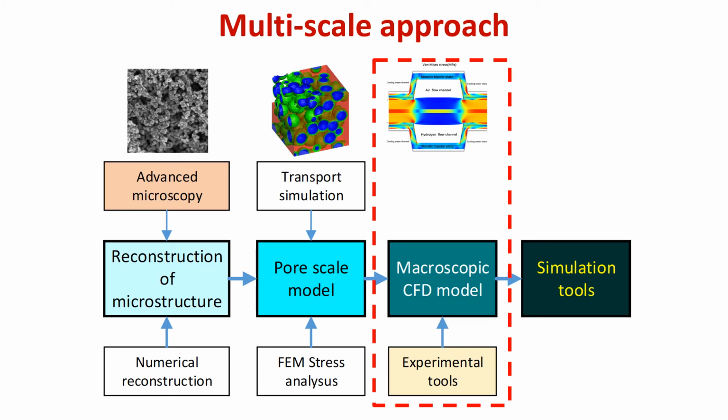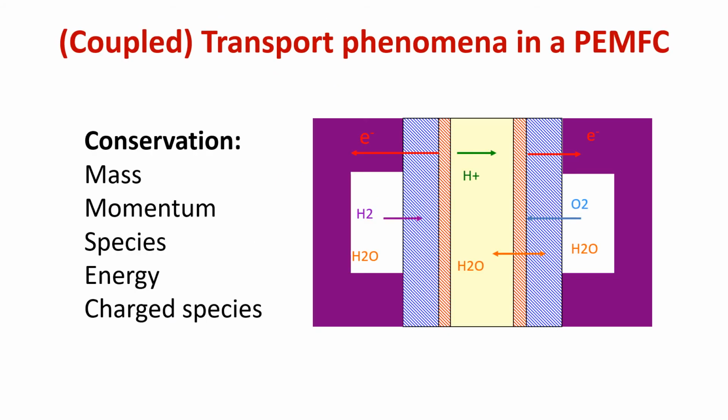Finally, with the first two steps achieved, we now can incorporate the results into a CFD macroscopic platform. We again use the PEMFC case as an example, where we solve the complete set of conservation equations, including conservation of mass, momentum, species, energy, and charge.